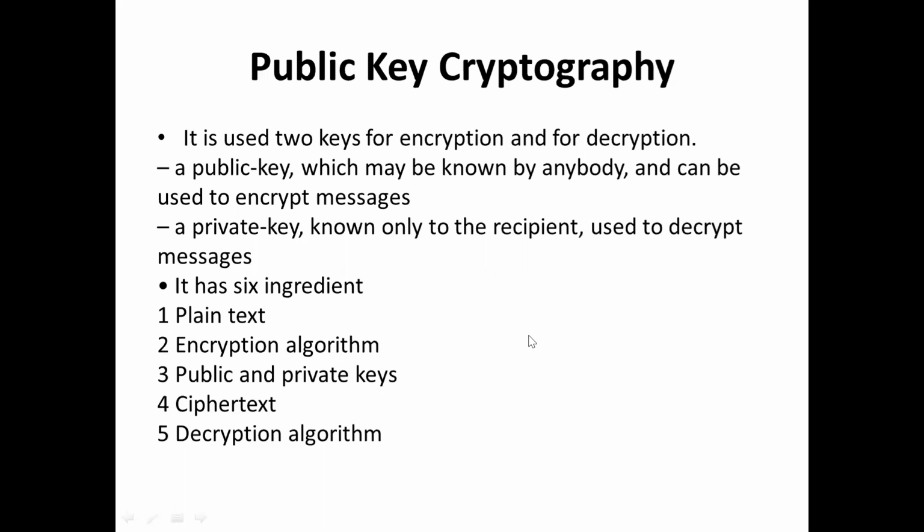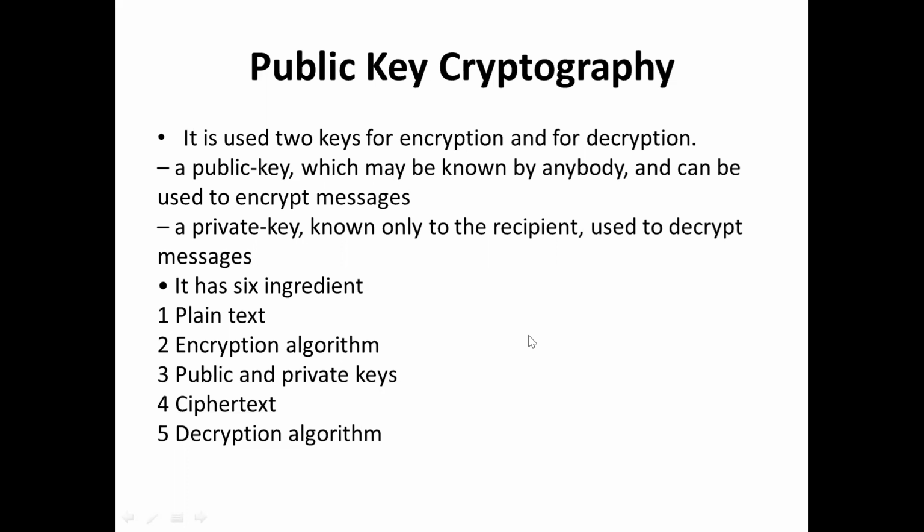Whereas in public key cryptography, two keys are used. One is public, the second one is private. The public key may be known by anybody, whereas the private key is known only to the recipient.